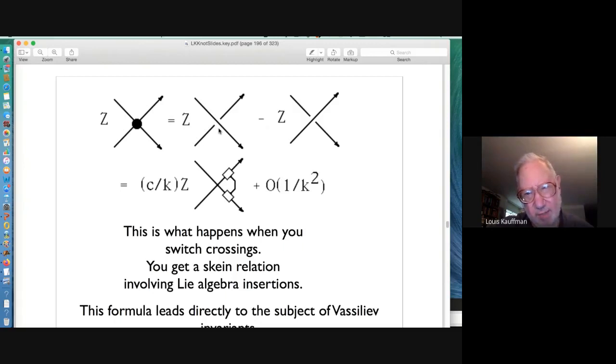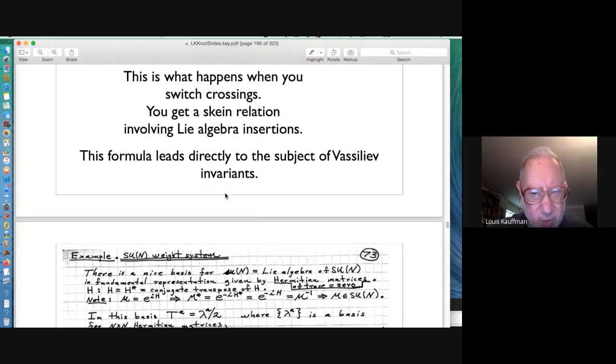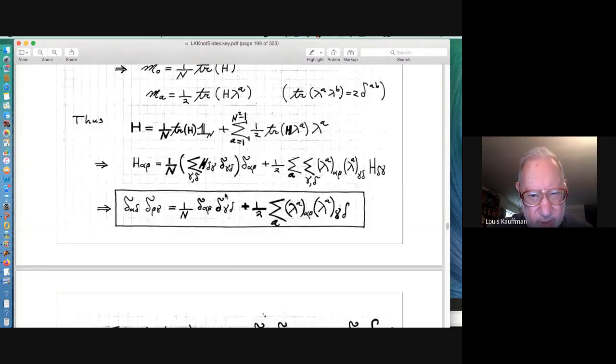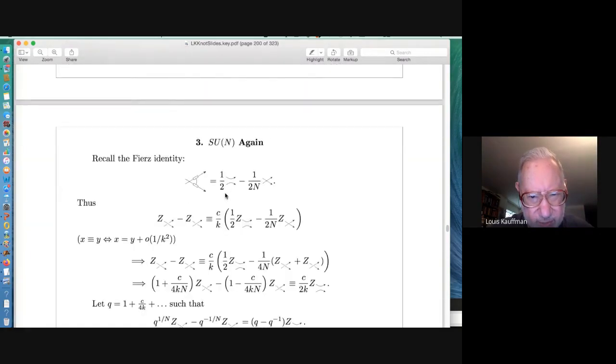One line is moving in a plane, but there is another piece of line that's perpendicular to that. And you go back into the calculation I showed you, and you'll see that the volume form doesn't vanish anymore because of that switch. And the Lie algebra insertions look like this. We could go into more detail about that, but I don't want to do that, nor do I want to do specific examples right now.